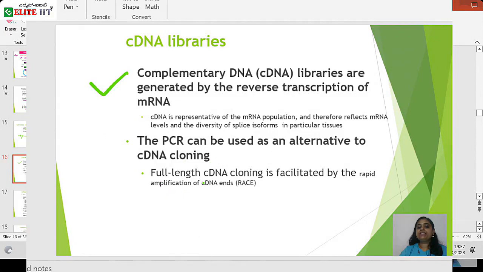Full length cDNA cloning is facilitated by the rapid amplification of cDNA ends. That is RACE, a PCR based method, from which you can make a cDNA clone.